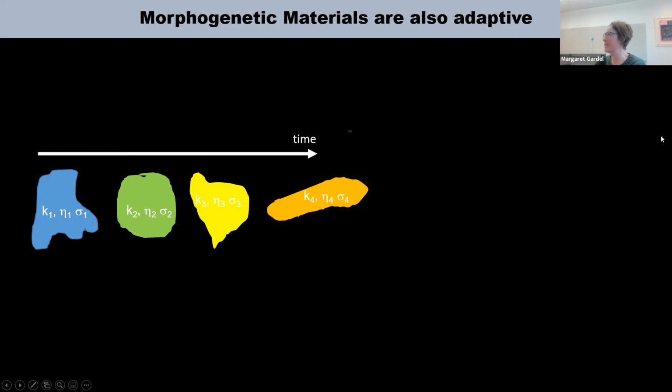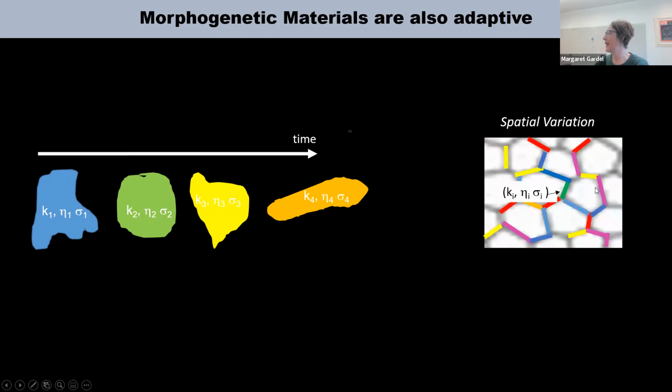The problem I see with going back to cell morphogenesis is that the parameters, any of these active or passive mechanical parameters, are really changing over time. And we haven't had good ways of knowing what causes those transitions or how to make predictions about how those transitions are occurring. This also happens in the active gels, right? There's a lot of structural changes that are also changing the mechanics.